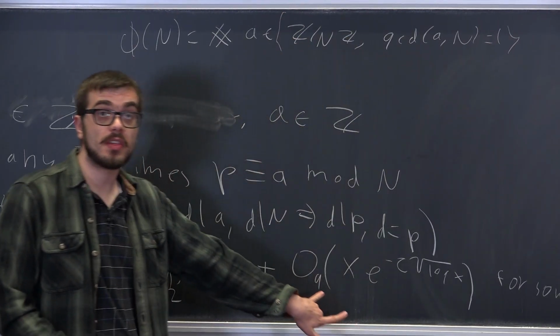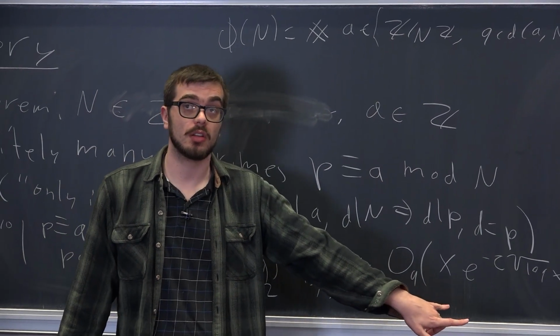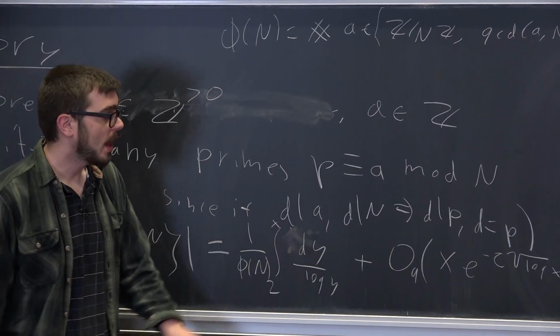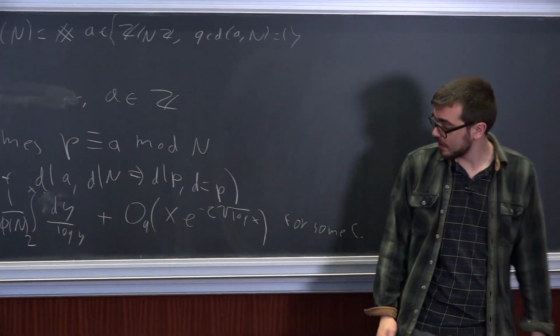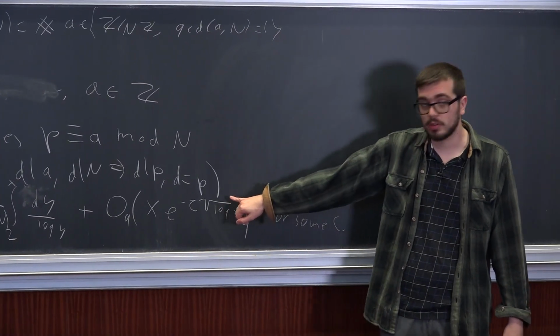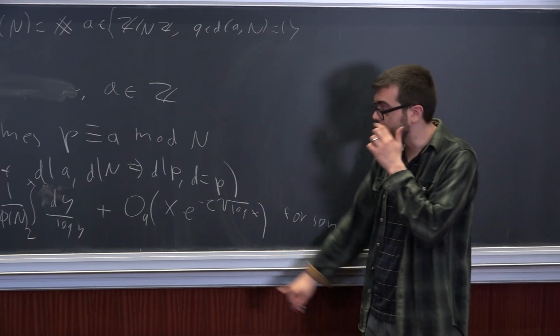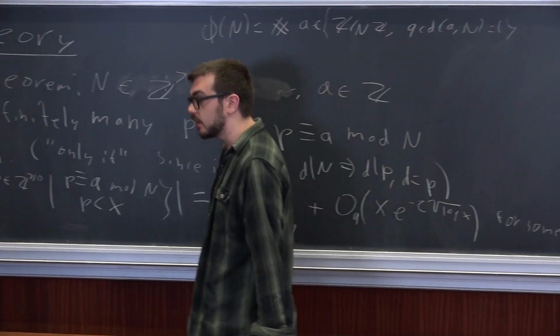Then this is big O notation. This is the main term, and the error term I'm saying is bounded by a constant times x times e to the minus c root log x, and my constant might depend on n.